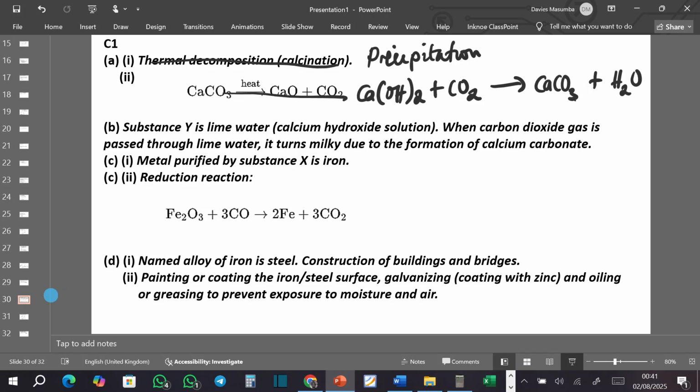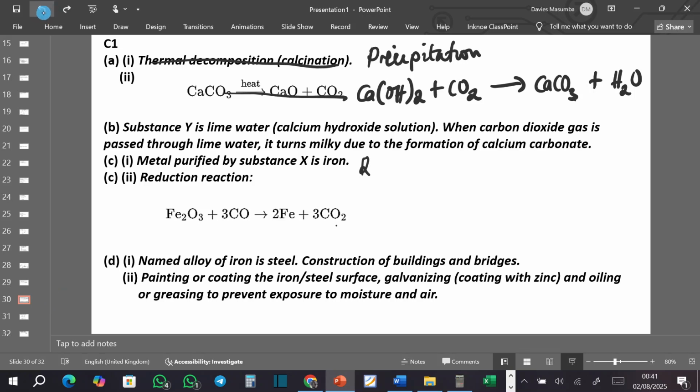So iron 3 oxide in the blast furnace is reduced by carbon monoxide. So iron 3 oxide, which is hematite, plus carbon monoxide, gives you iron and carbon dioxide. So it is reduced.